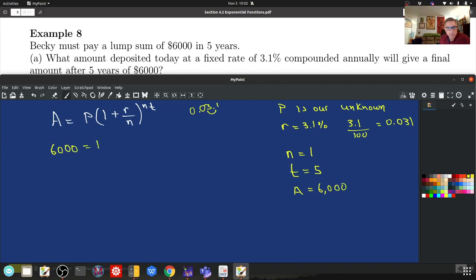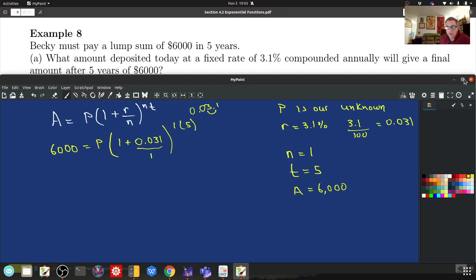My value of P is my unknown. 1 plus my rate divided by n. So I'm just going to write it as 0.031 divided by n is equal to 1 raised to the 1 times 5.